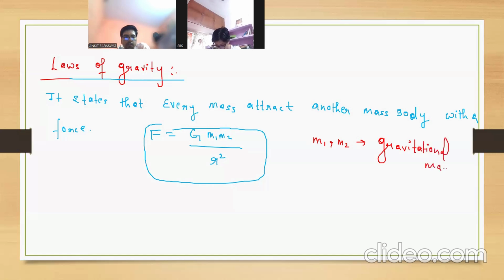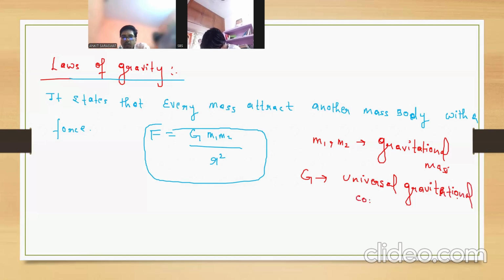Gravitational mass. Clear? What is G? Universal gravitational constant. Okay.